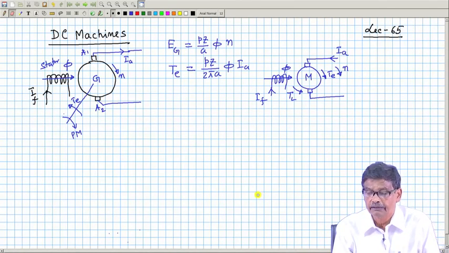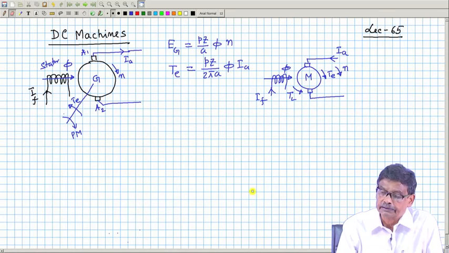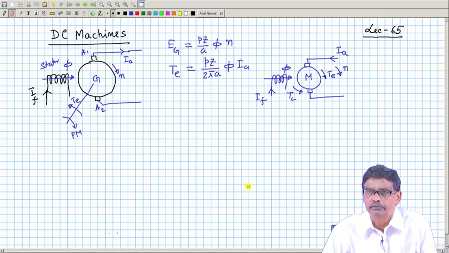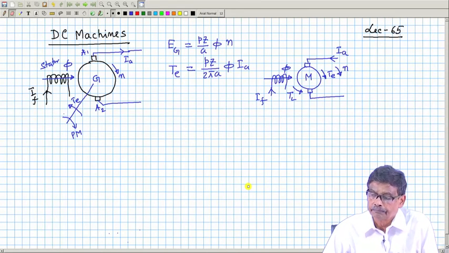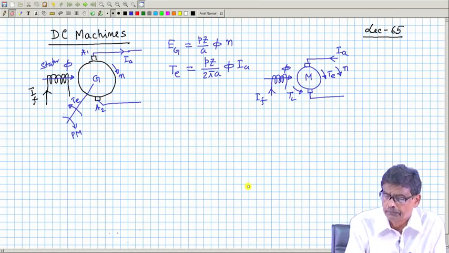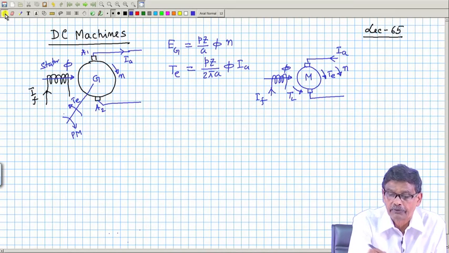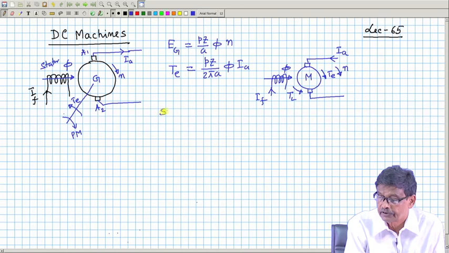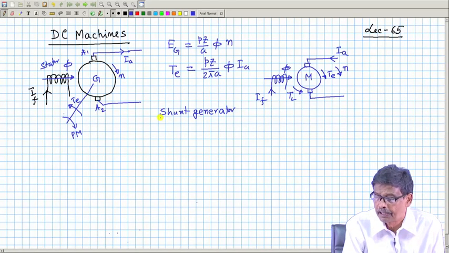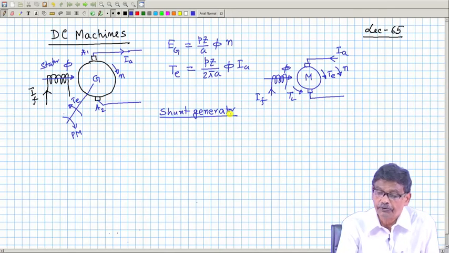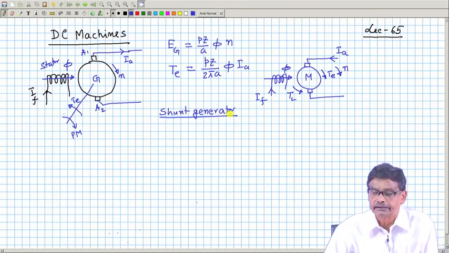Now, today I will talk about the shunt generator. So, generator mode and shunt generator will be the primary topics of today. But before that, a separately excited DC generator and its open circuit characteristics must be understood very clearly.